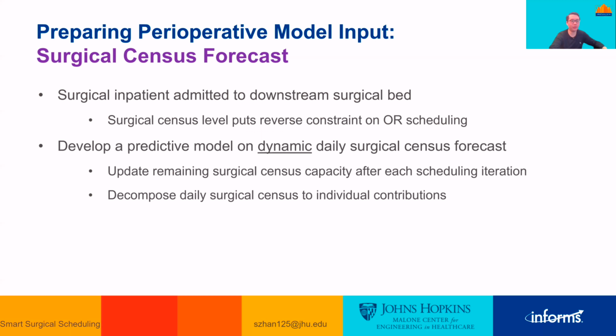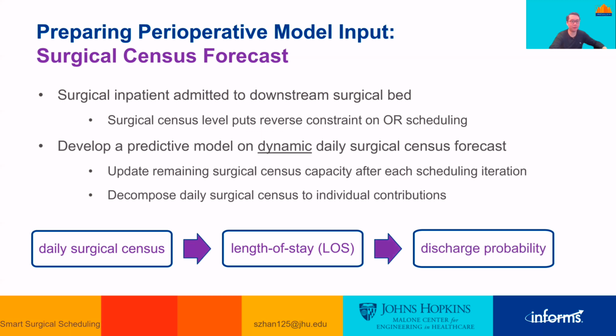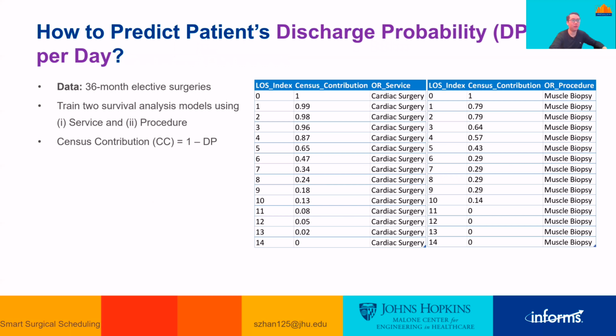Then, in order to predict the daily surgical census, we can decompose it into individual contributions. We can predict the individual patient's length of stay. And to predict the patient length of stay, we can predict patient discharge probability per day. This actually becomes a more specific problem, and it falls into the domain of survival analysis.